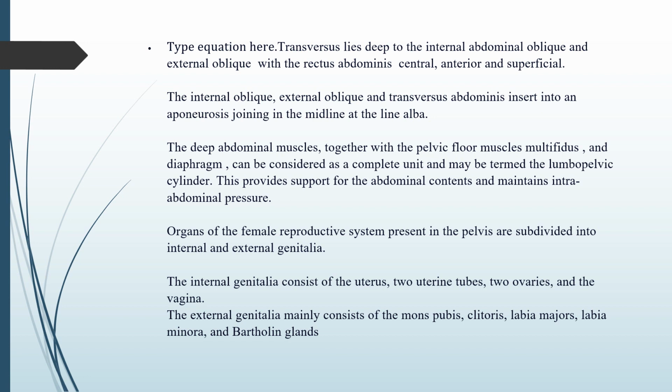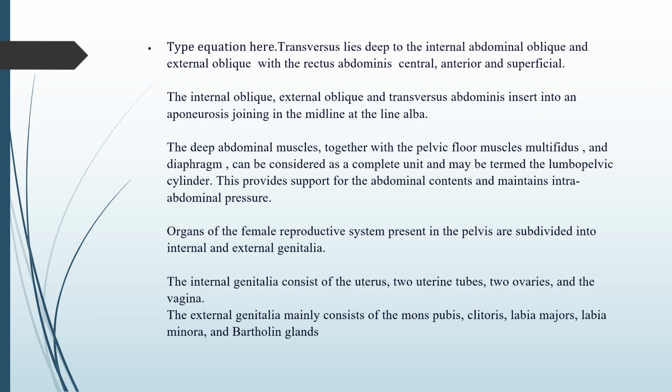The deep abdominal muscles, together with the pelvic floor muscles, multifidus, and diaphragm, can be considered as a complete unit and may be termed the lumbopelvic cylinder. This provides support for the abdominal contents and maintains intra-abdominal pressure.